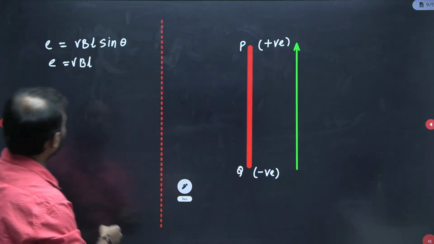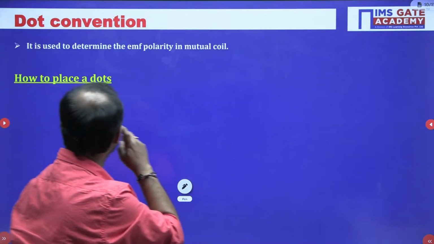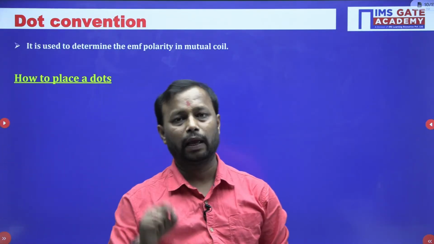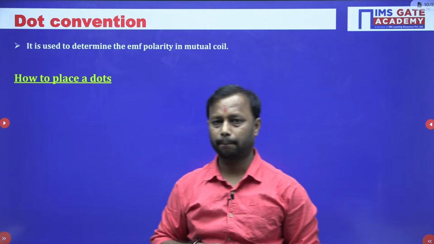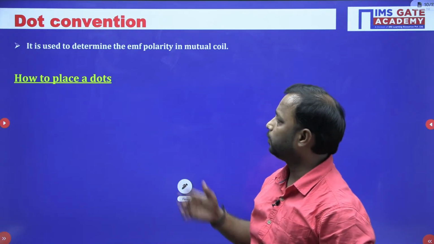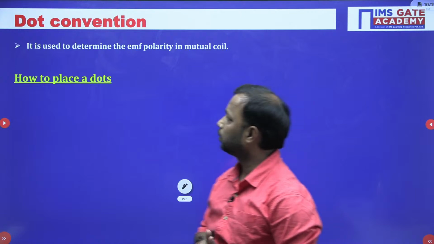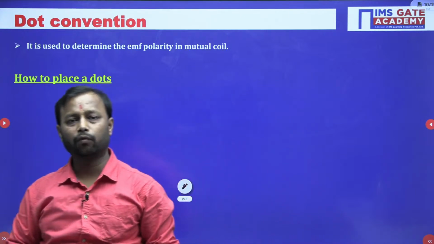Now let us discuss one more important concept that is very, very useful in the transformer, which is dot convention. So what do you mean by dot convention and why we are using it?